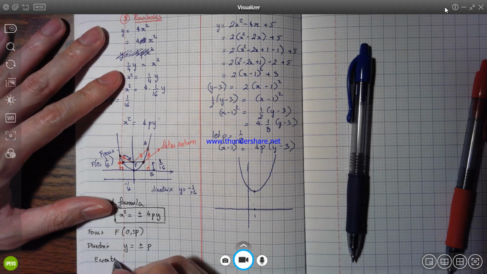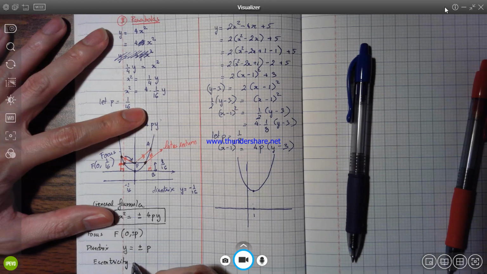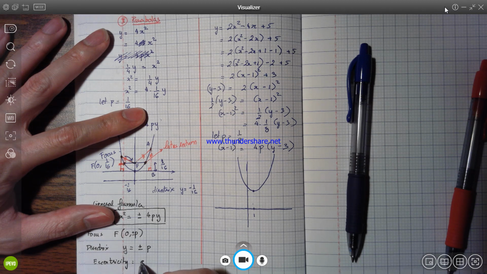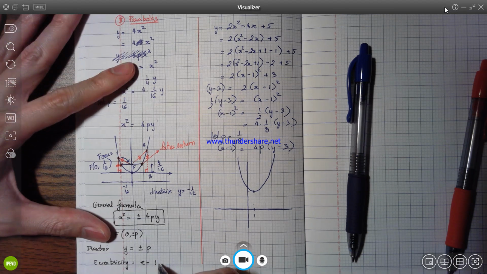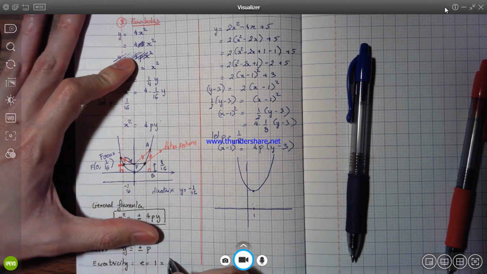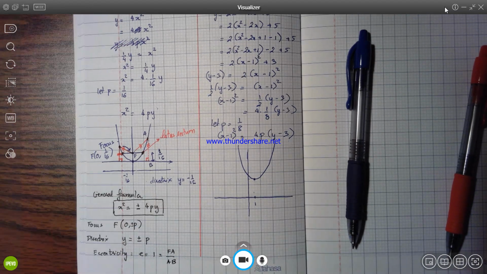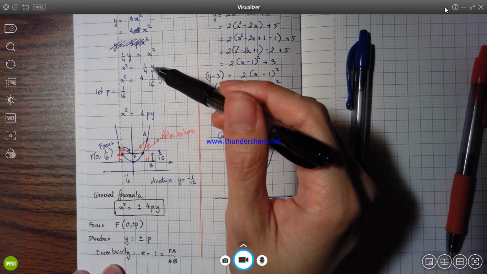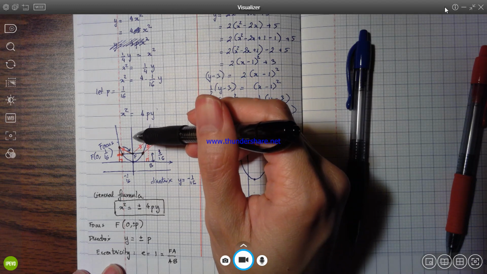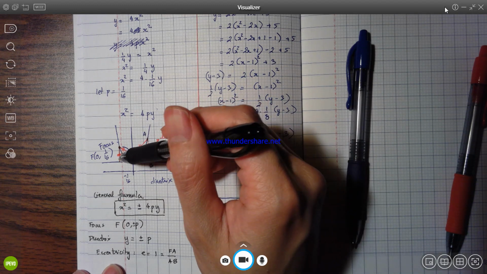Notated as e, its value is always equal to 1, because the eccentricity is the ratio between FA and AB. Everybody clear? So this is the general formula for all parabolas for which the y-axis is the axis of symmetry.